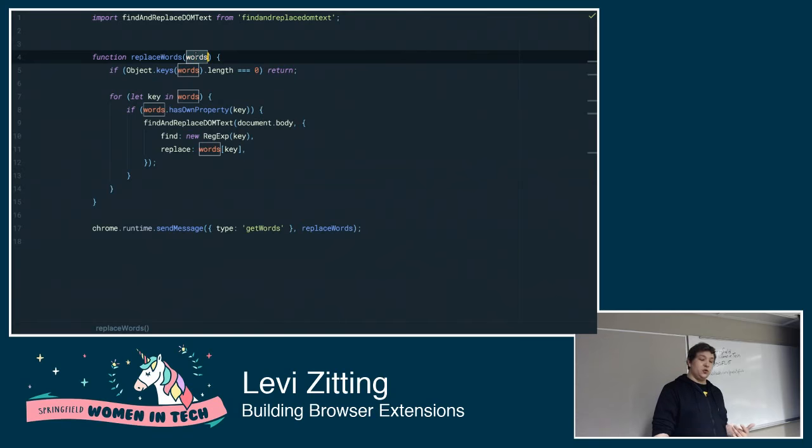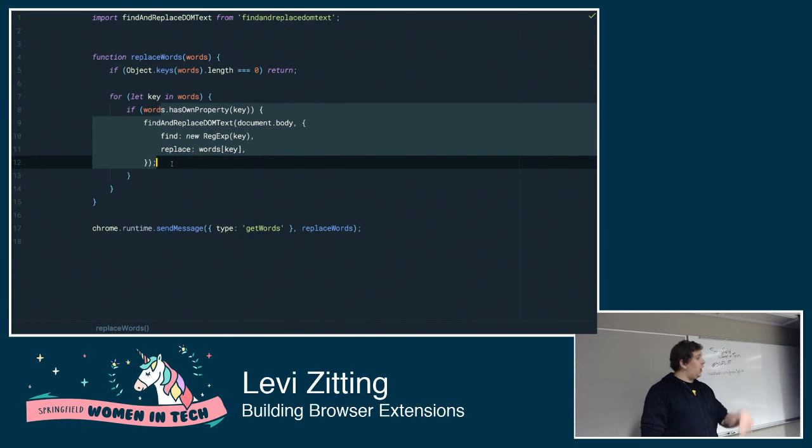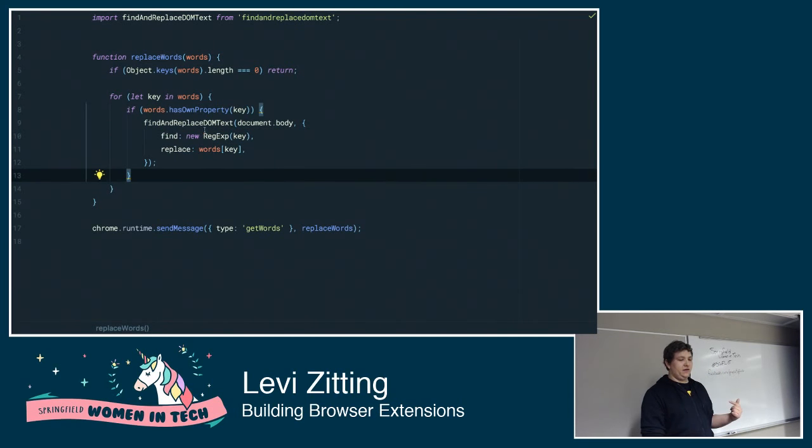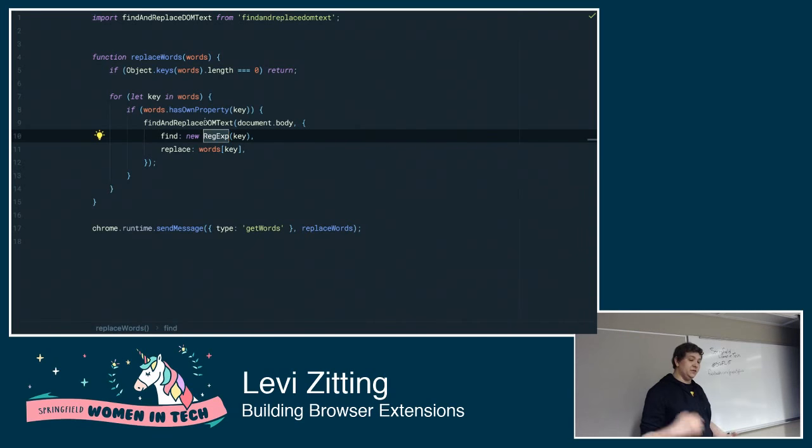And I pass in some words. I check that we actually got some because, once again, there's the potential that when the extension first runs, words will actually be undefined. And then we just loop through all of those words and run the findAndReplaceDOMText function, passing in the current body of the document.